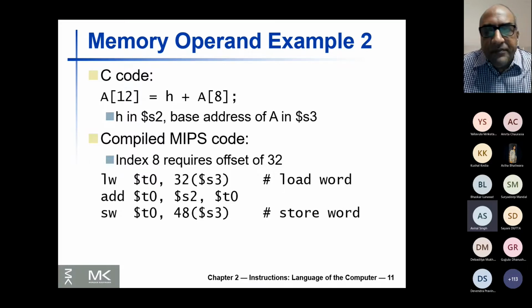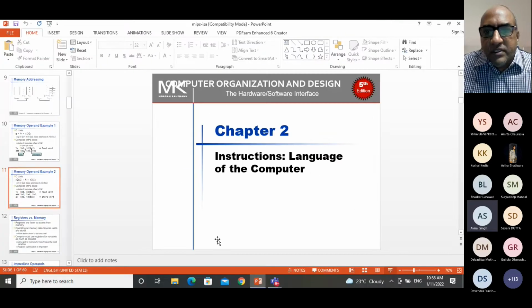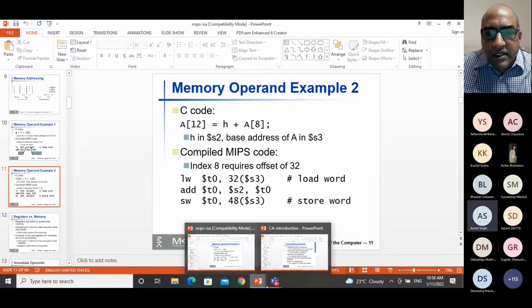Sir, I'm confused with the nomenclature, using T naught, T1. No, you need not follow the T naught, T1 sequence. What I'm saying is that when you start the code, you have temporary registers available from T naught to T9, so you can start using one after another.